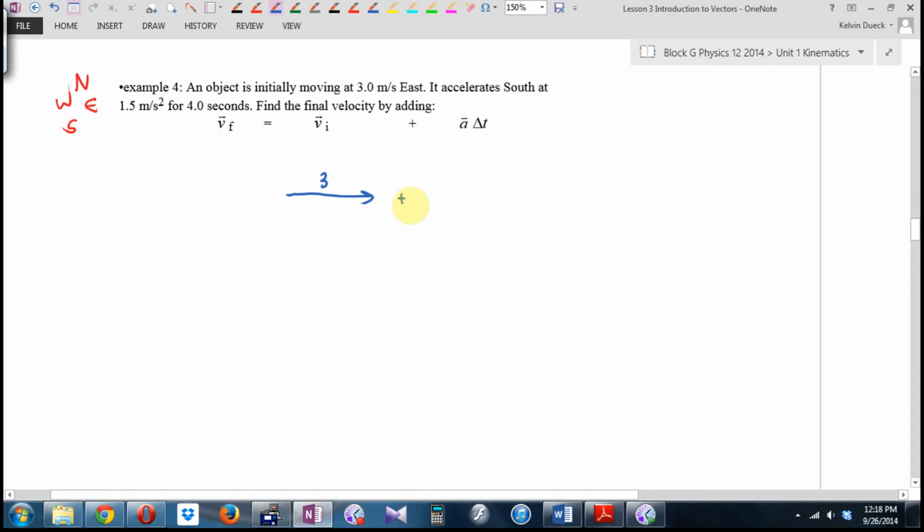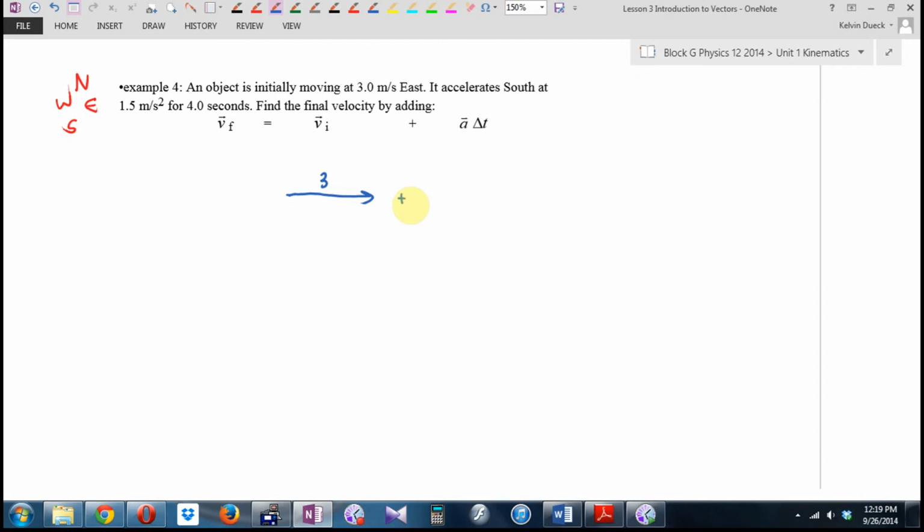Plus. Other mark. What's the acceleration vector, magnitude and direction? Just read it to me, kiddo. It accelerates what at what? Missed the direction. I need the direction. Okay, so 1.5 meters per second squared.